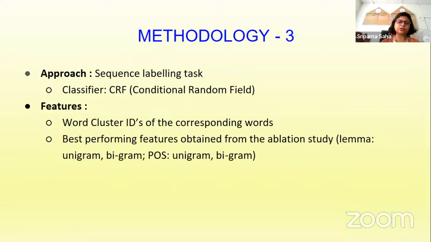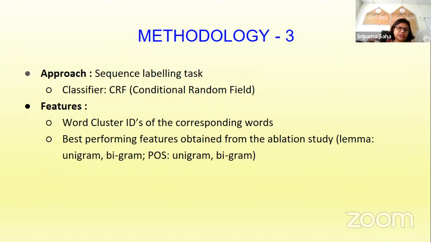As a result, semantically similar words form a particular cluster, and each word is replaced by the corresponding cluster ID. The best performing features obtained from the ablation study, such as lemma unigram, bigram, part of speech unigram, bigram, etc., are also used. So this is our methodology 3.